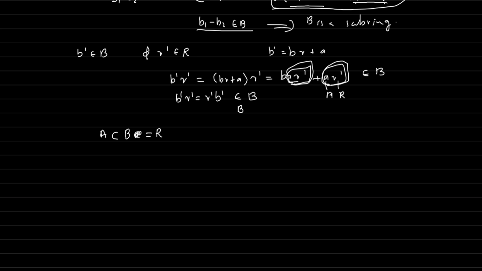Here A is properly contained in B. Why? Because b can be written as b times 1 plus 0, so this element is in B. b is an element in B and it is not in A. Therefore, A is properly contained in B and A is a maximal ideal. Therefore, B must be equal to R.